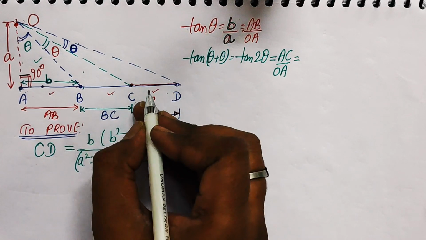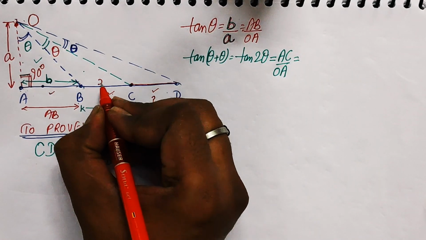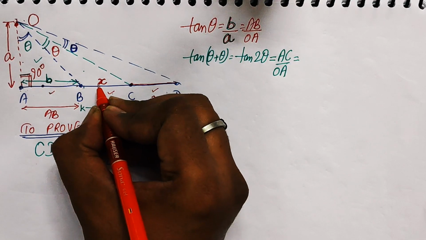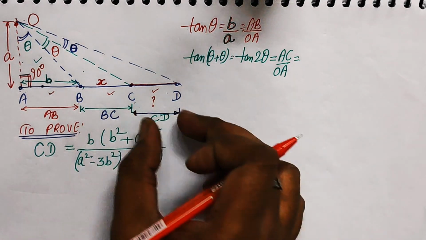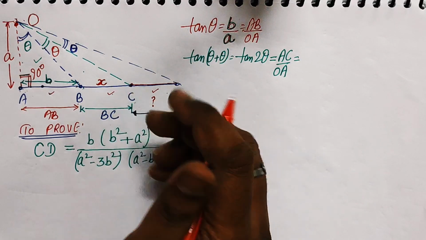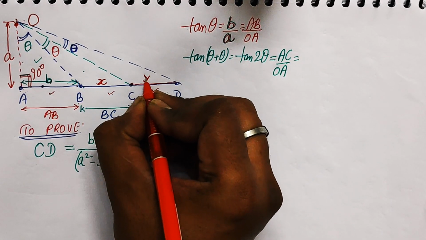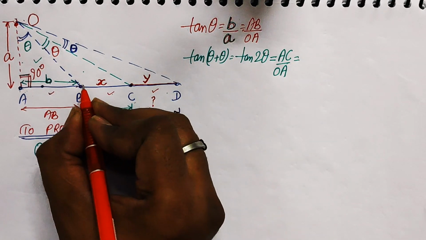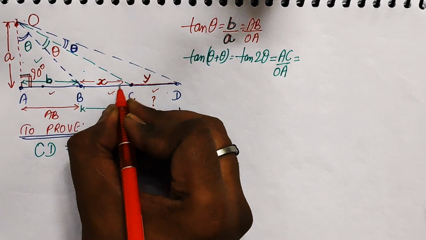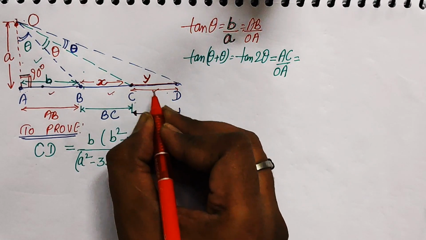So let's say the length of BC is x. Let us assume the length of CD as y. So we have assumed two variables, x and y. The length of BC is x and CD is y.